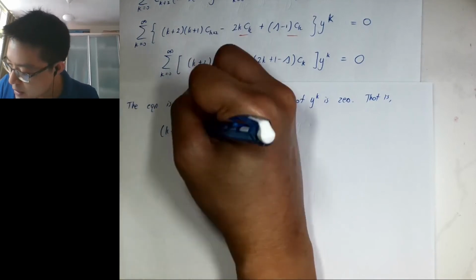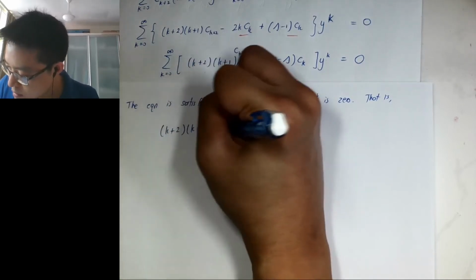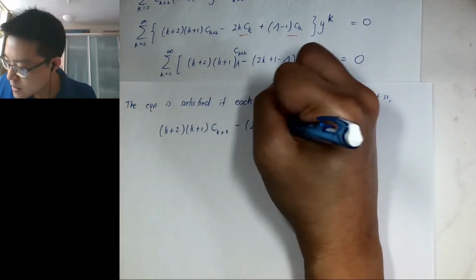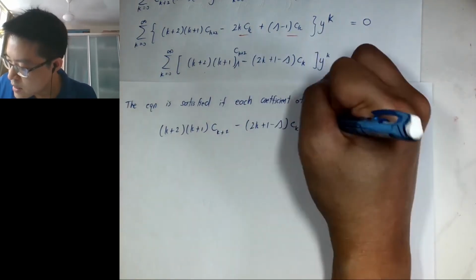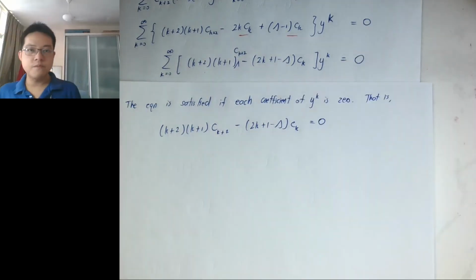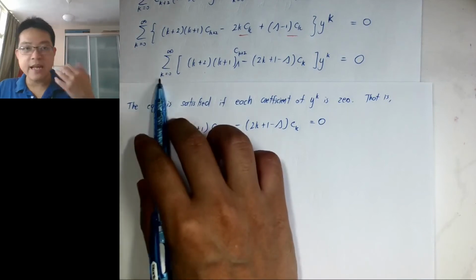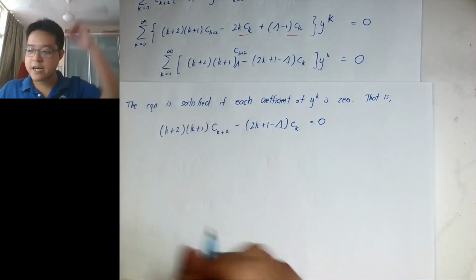So can we make this 0? We got this now, plus 2 minus 2k plus 1 minus lambda c_k equals 0. So we got this equation with k. Remember, k is the index which goes from 0, 1, 2, 3, 4, 5.